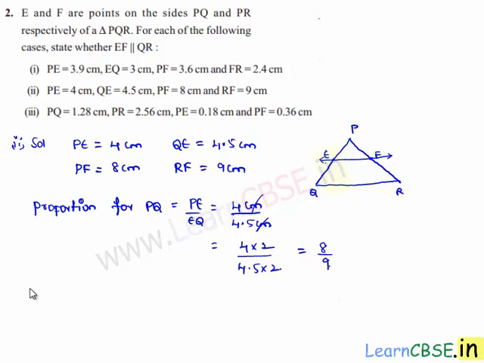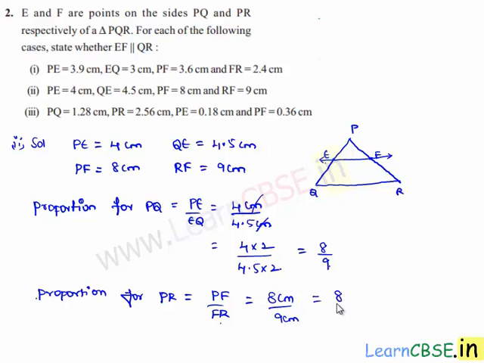Let us also find the proportion for side PR, which will be equal to PF by FR, that is equal to PF is given as 8 centimeters divided by FR, which is nothing but RF, given as 9 centimeters.